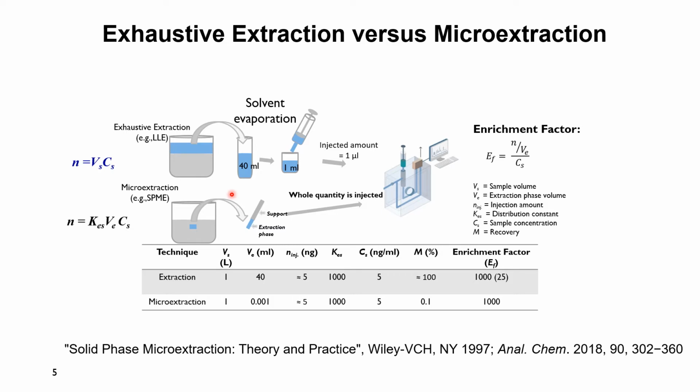This means if you match the matrix by using matrix-matched calibration, we actually find the same amount of analytes extracted in matched matrix as in real sample, which allows us 100% relative recovery, still keeping high enrichment factor, high sensitivity. The way to increase the sensitivity in SPME is to either change the K, selectivity of the extraction phase, or you can change the volume of the extraction phase.